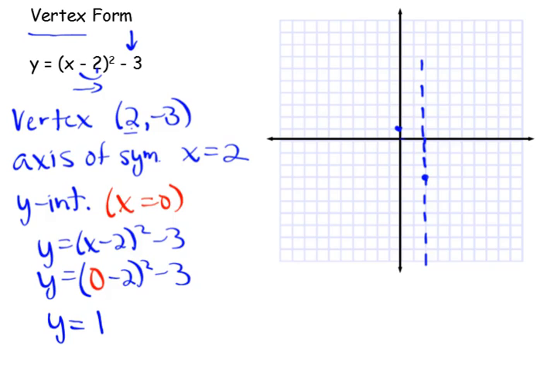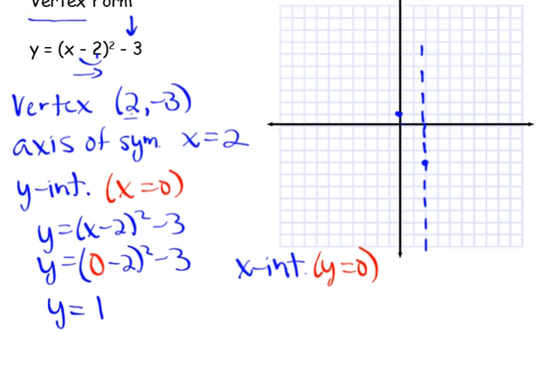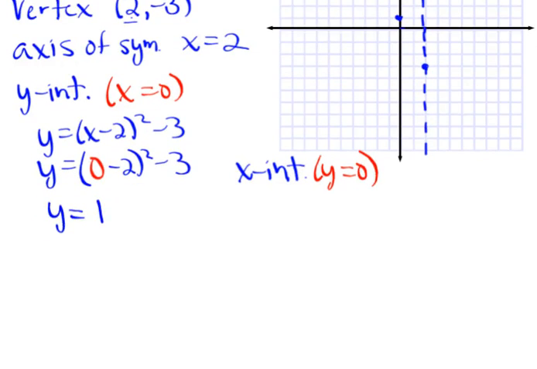The last thing we can do is to find our x-intercepts. The x-intercepts are where y is equal to 0. This is going to take a little bit more work than the other. So we're going to start with our equation, y equals (x minus 2) squared minus 3, and this time we're going to substitute a 0 in for y.